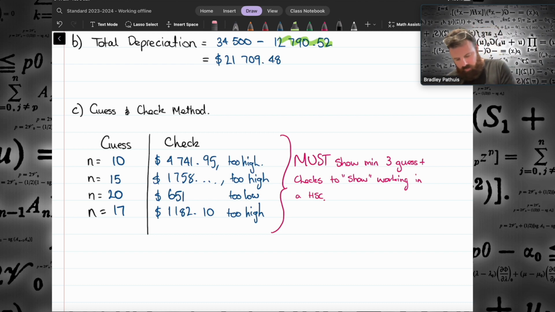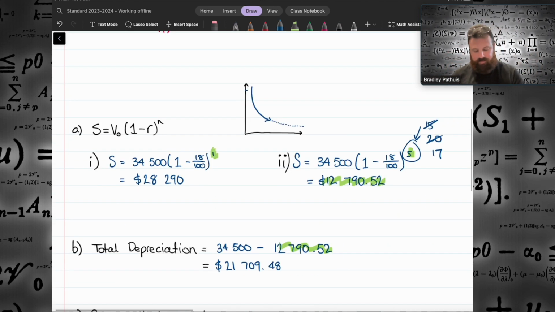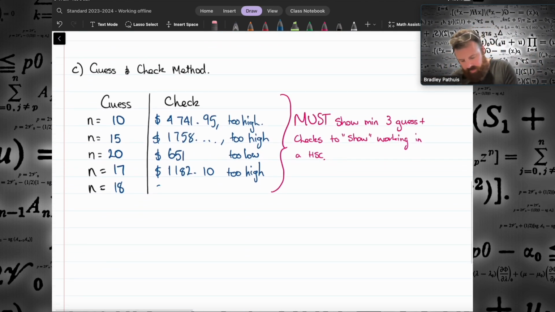So let's check n equals 18. Remembering this question said after how many years, so I'm not looking for decimals, I'm looking for full years here. So when I check n equals 18, again changing that power to 18, I get $969.32, which was too low. But from here, I can see my answer.